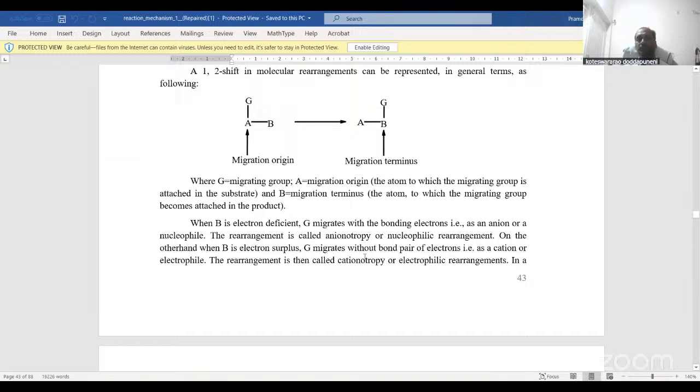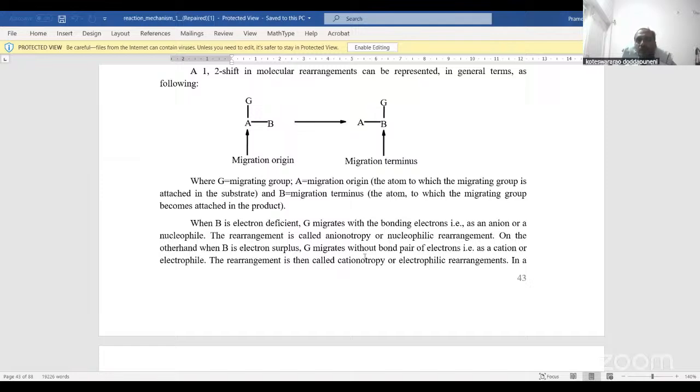Whenever it is moving, B is electron deficient. It cannot provide electron density to establish the bond. In such case, G is migrating with its sigma pair of electrons. Now, that kind of migration is called anionic or anionotropic or nucleophilic rearrangement.